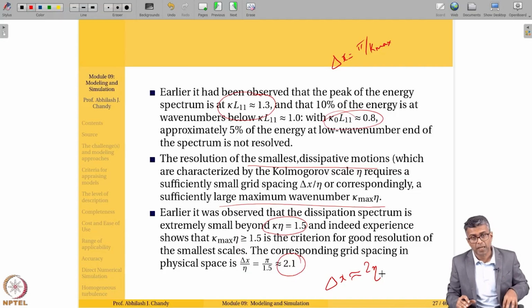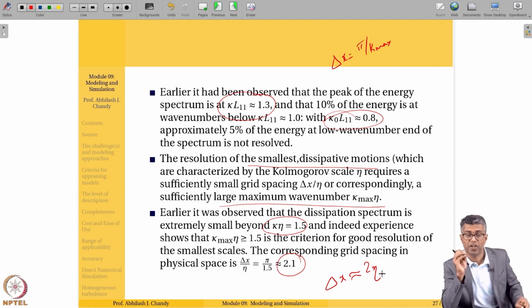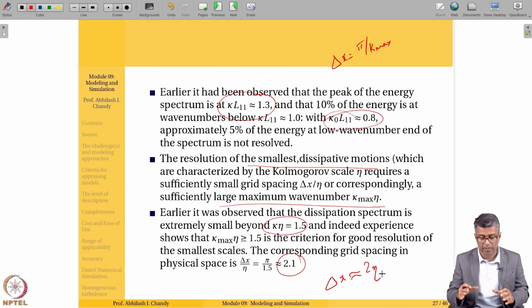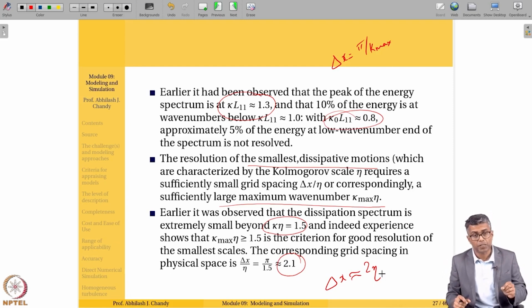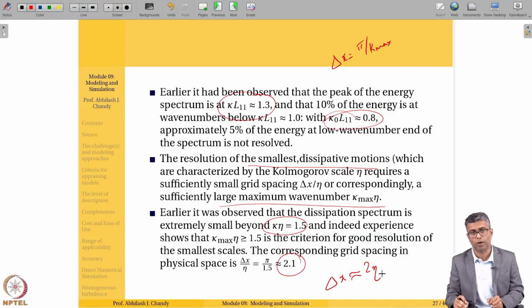Now that means you are going to miss out on some dissipative motions. Yes, but that is going to be very small. Even when we started the statement, we said that the dissipation spectrum is extremely small beyond kappa eta equals 1.5. So beyond that, if you don't resolve, yes, you are missing out on some energy, but that is going to be extremely small.